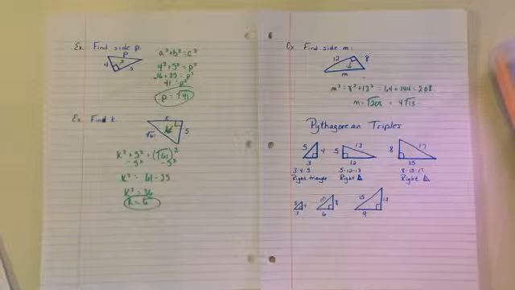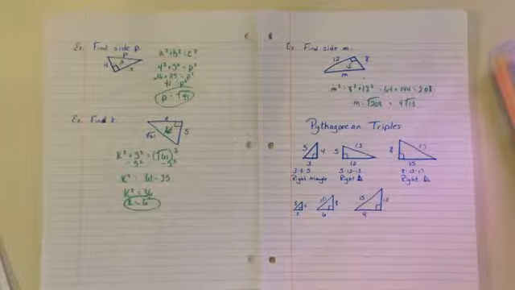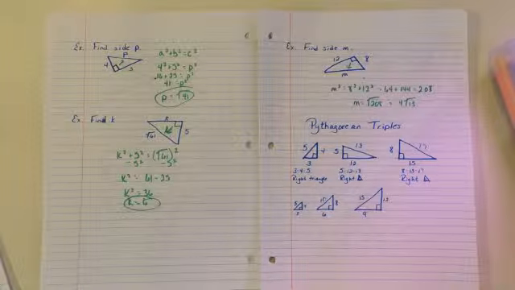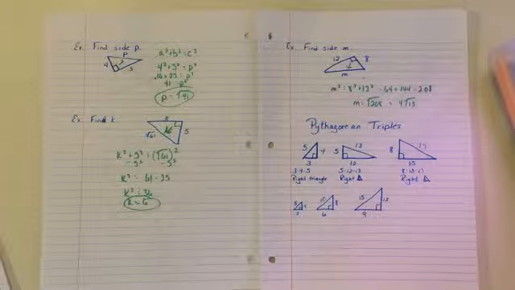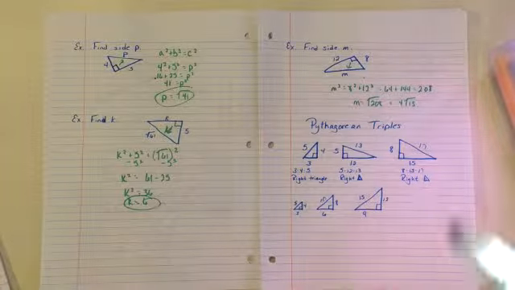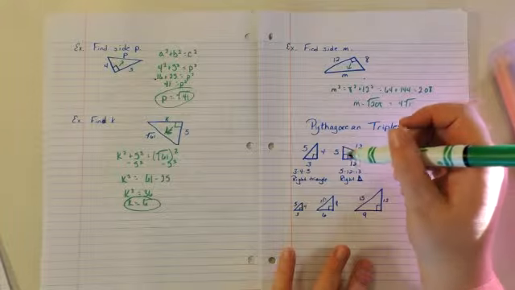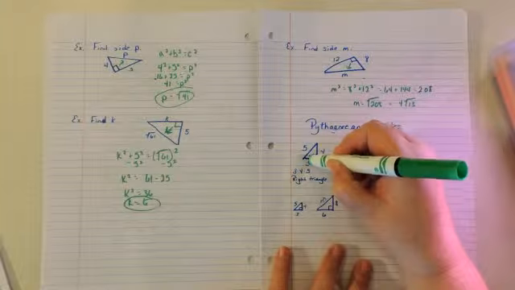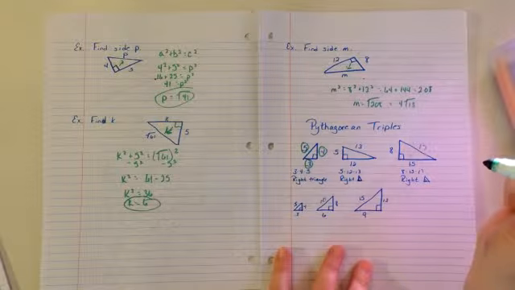Okay, now we're going to talk about Pythagorean triples. You can save yourself some time and trouble if you learn to recognize certain right triangles. We named the triangles by the lengths of their sides in ascending order. So, in ascending order, which means we start with the shortest side and we work our way up, this is a 3, 4, 5 right triangle.